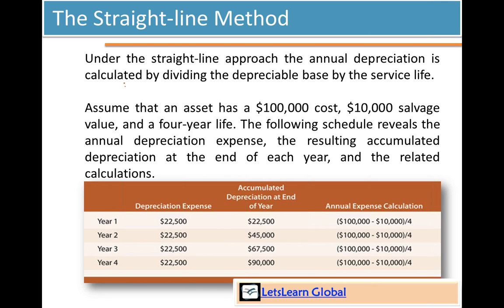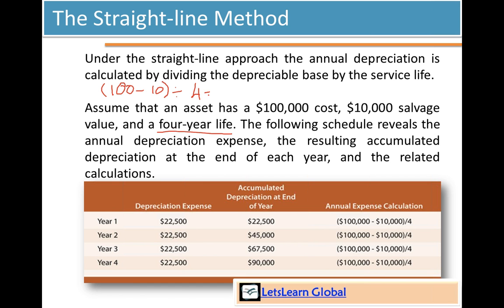Take your calculator. 100,000 minus 10,000 divided by the life of the asset, 4 years.